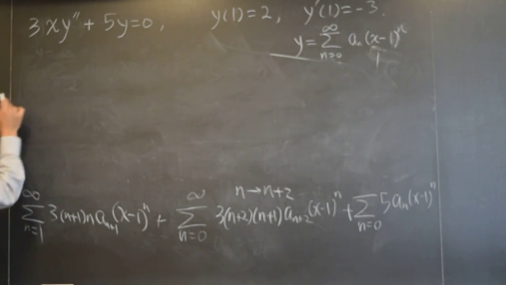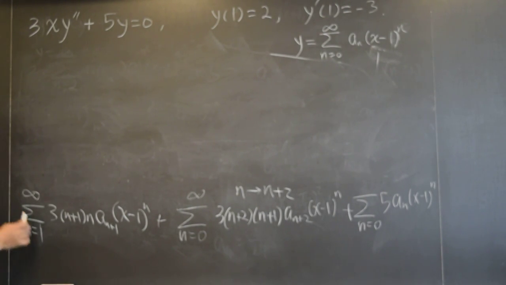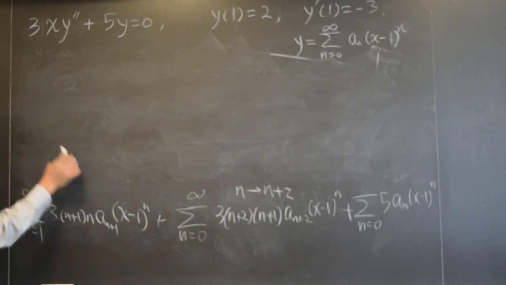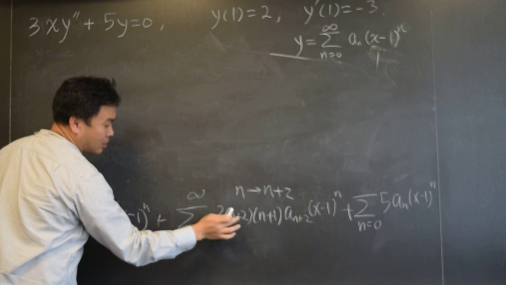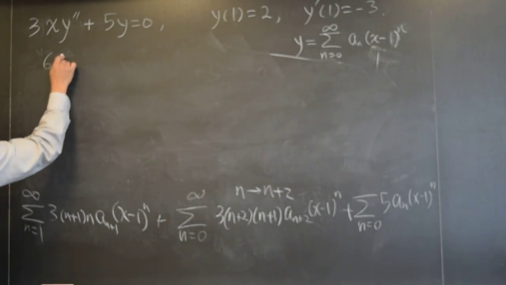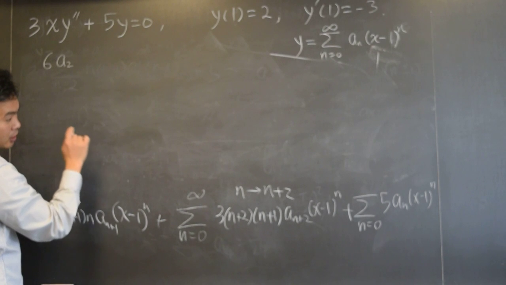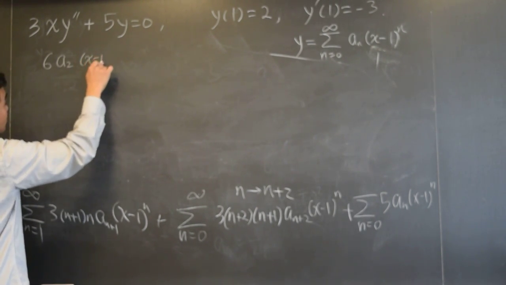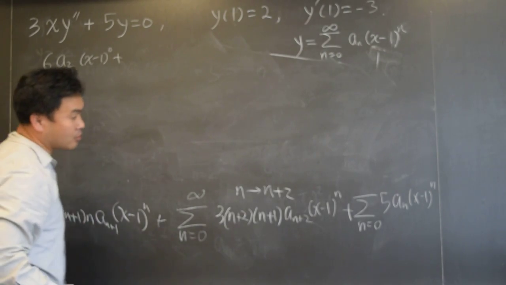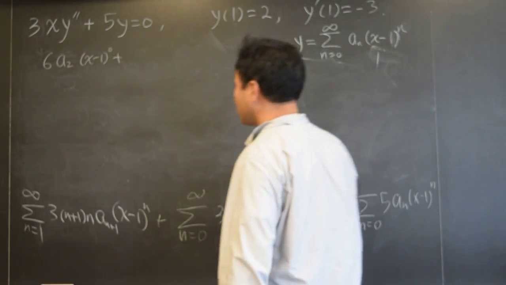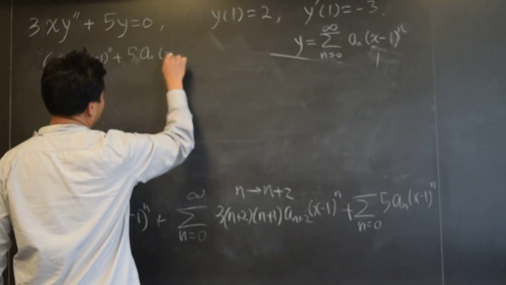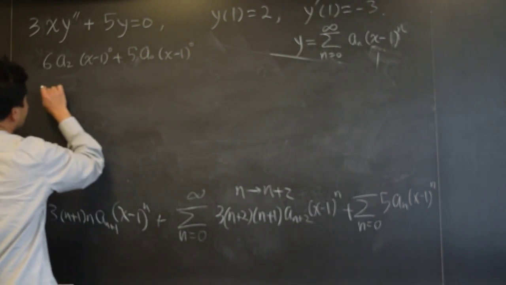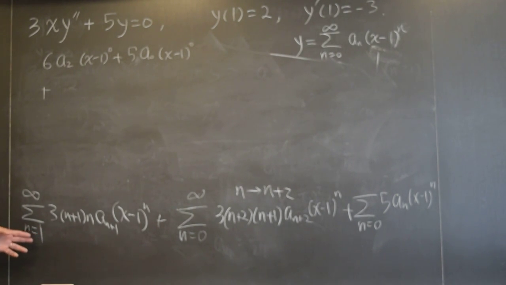Now, n equals 0 gives you what? This doesn't produce anything. That one gives you, if n is 0, 3 times 2 times 1, so that's 6 a2 and x minus 1 to the 0th power, plus 5a0, x minus 1 to the 0th power. That's what you get. And then starting from 1 and afterwards, everything starts producing terms.